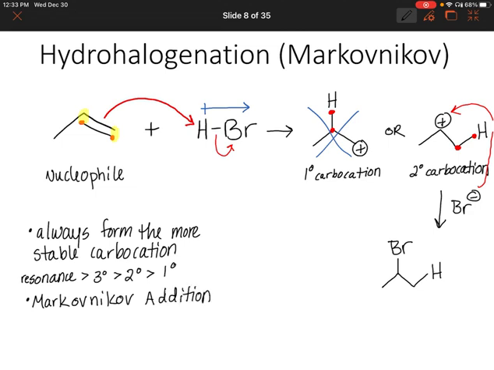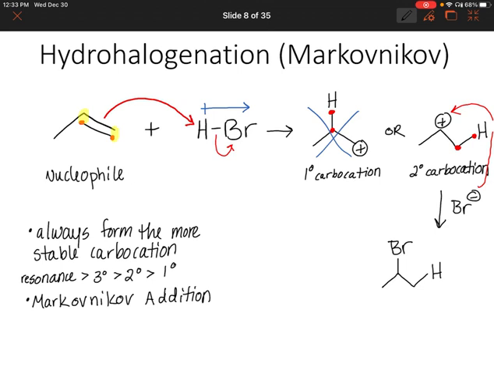So this was way back in 1869. And Vladimir Markovnikov was a Russian chemist, and he was investigating how hydrobromic acid added across different alkenes. And he noticed that the hydrogen always adds to the side with more hydrogens.